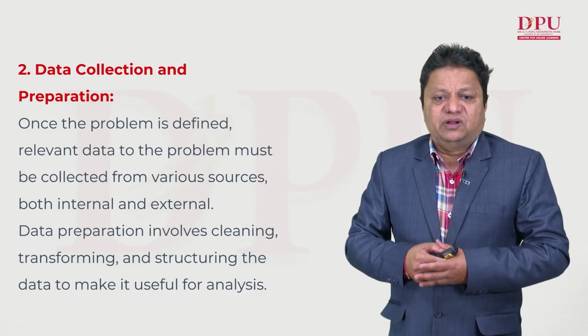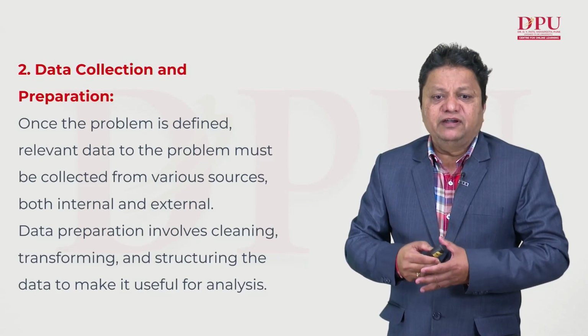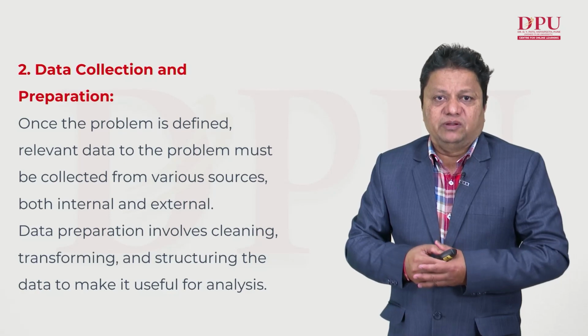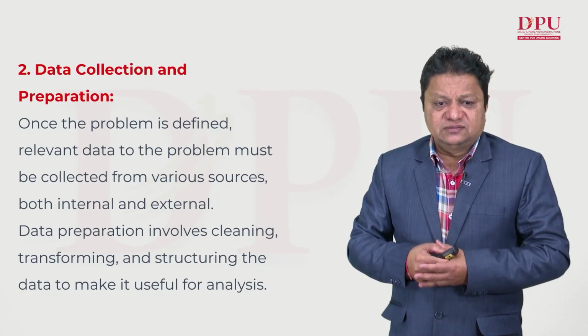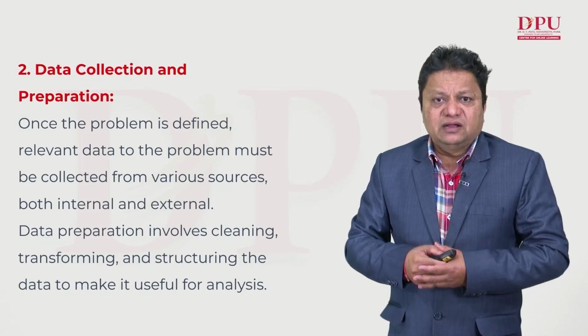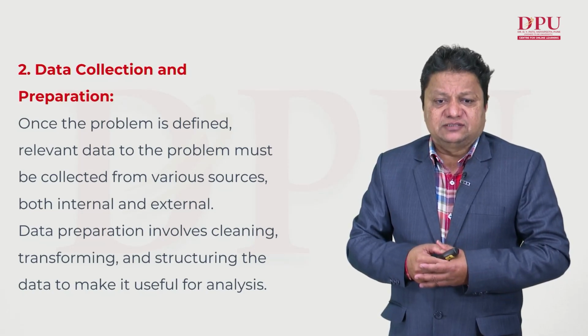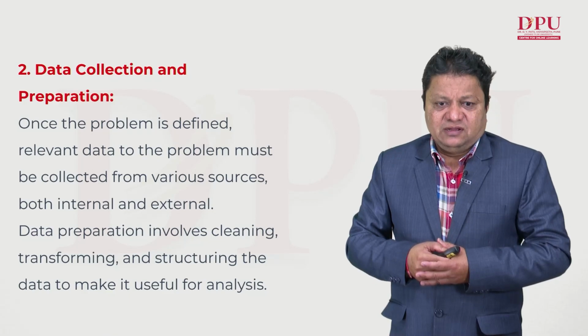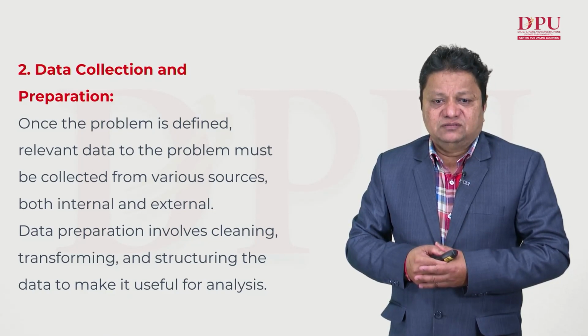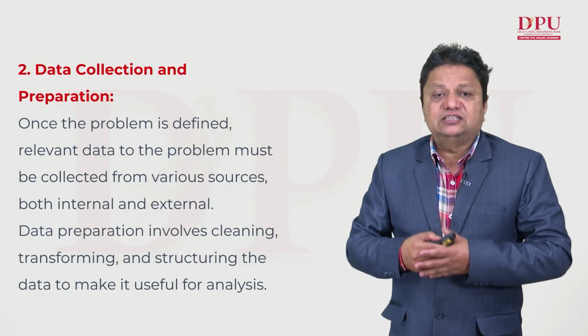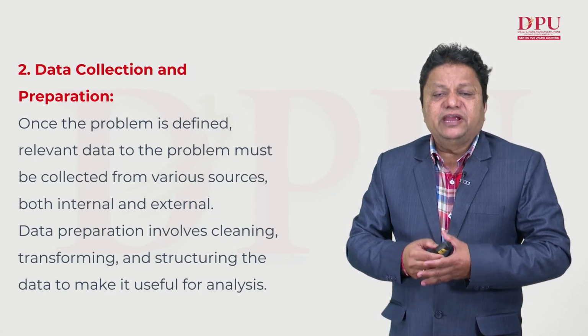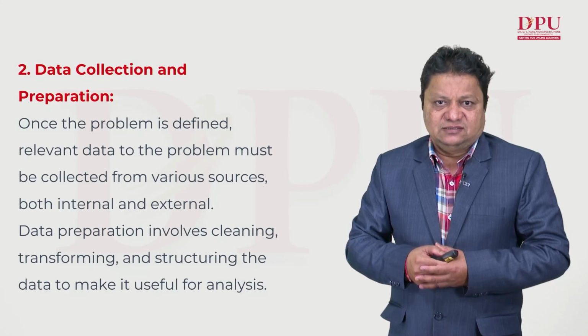Once the problem is defined, the relevant data to the problem must be collected from various sources. It can be internal as well as external. And data preparation involves cleaning the data, transforming the data and structuring the data to make it useful for analysis.